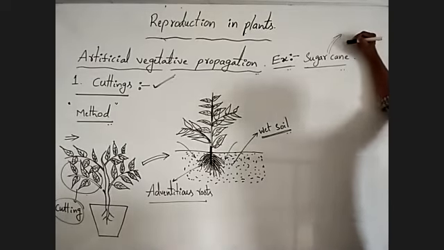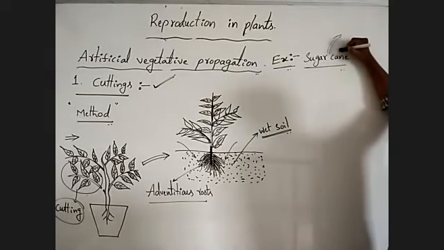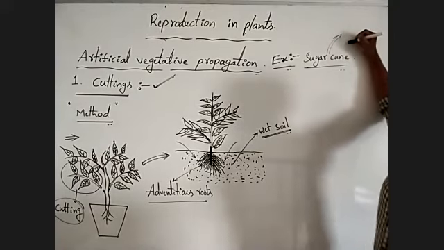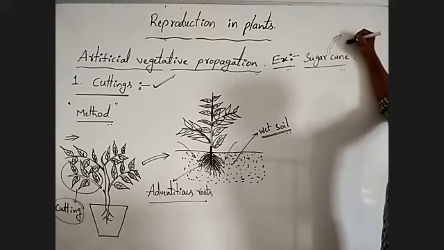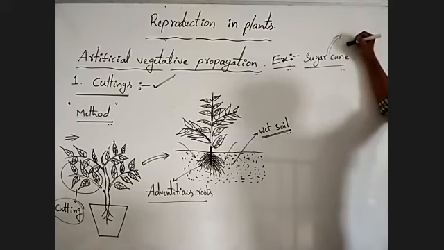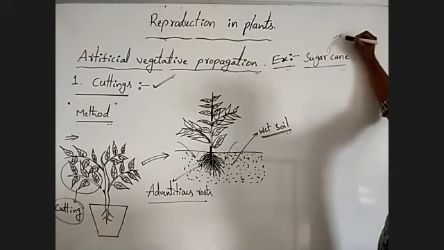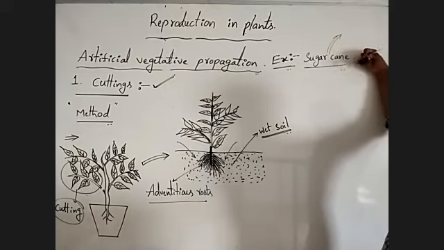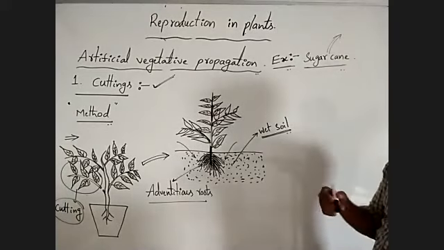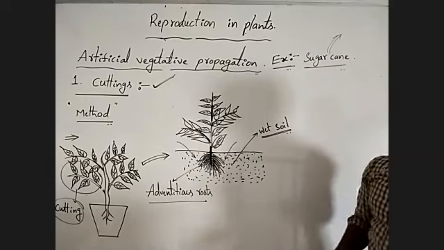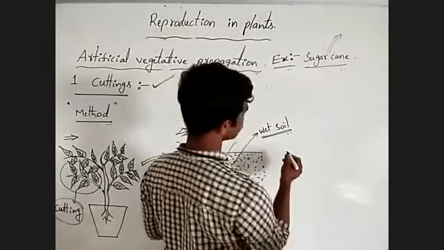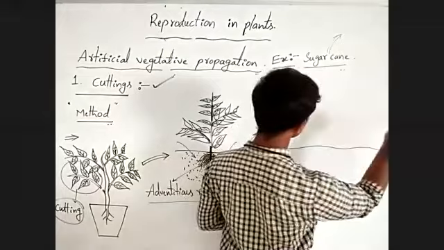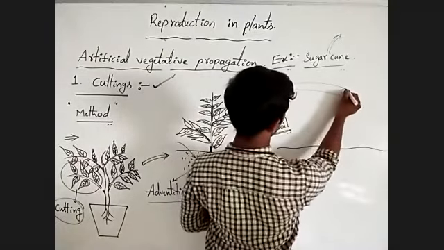Instead of seeds, the stem of the sugar cane is cut into small cuttings or pieces. Each and every piece has one lower portion, which is buried in the soil. Imagine this is the soil. This is sugarcane.